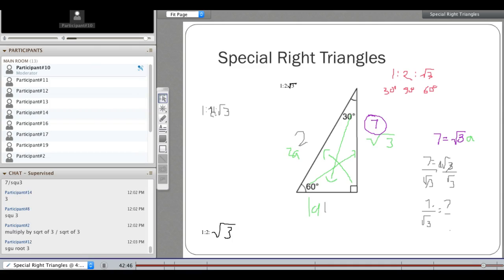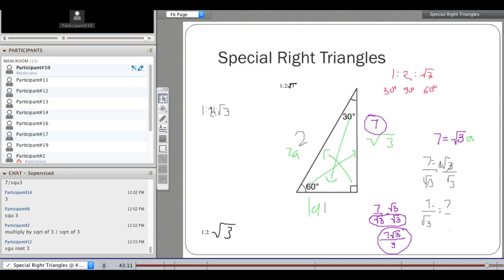Good. Yes, the square root of 3, because what's going to happen if we do that, so if we have 7 over the square root of 3, if we multiply by the square root of 3 on the top and bottom, we're not changing the fraction, we're still just multiplying by 1. But in the bottom, when you have two square roots that are exactly the same, it breaks that stuff out of the square root.